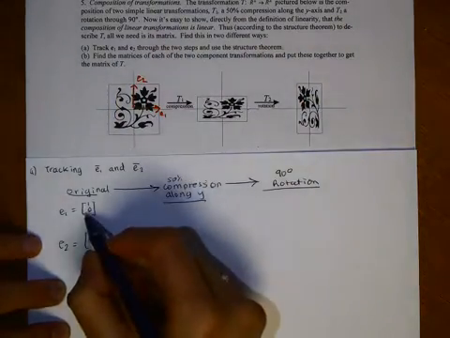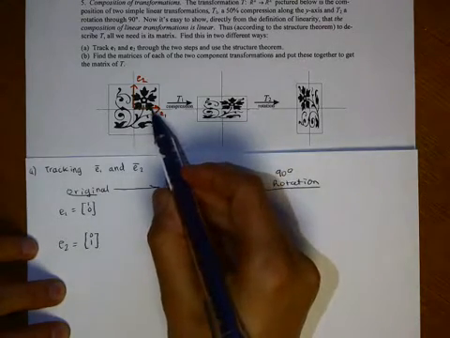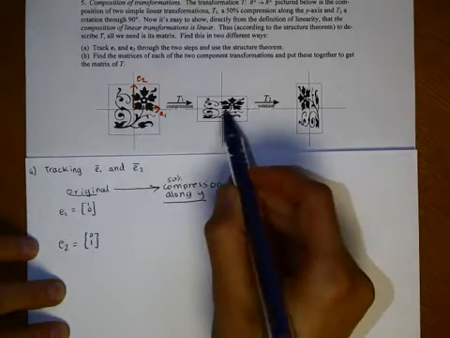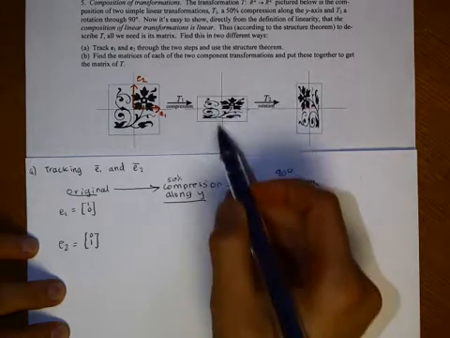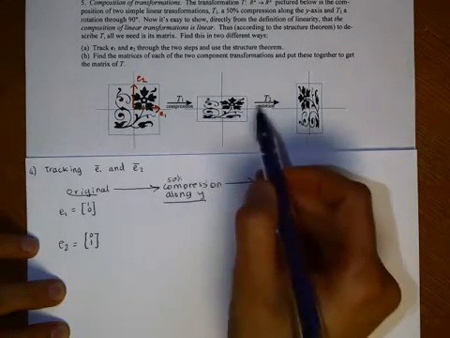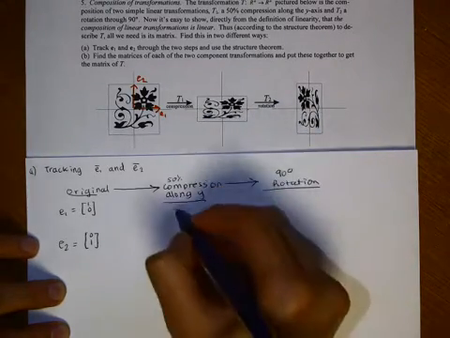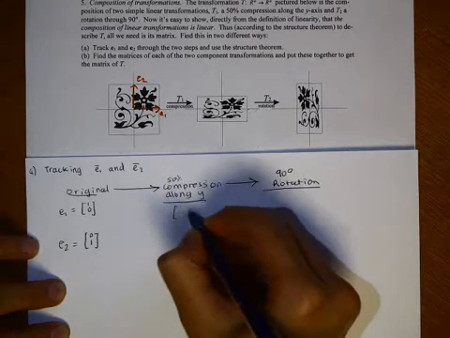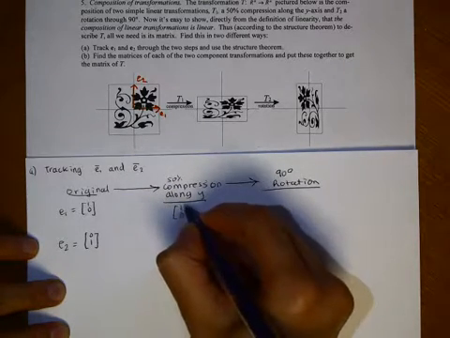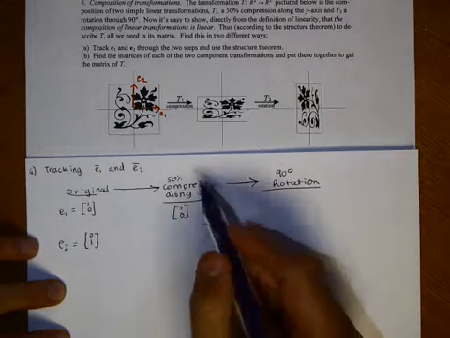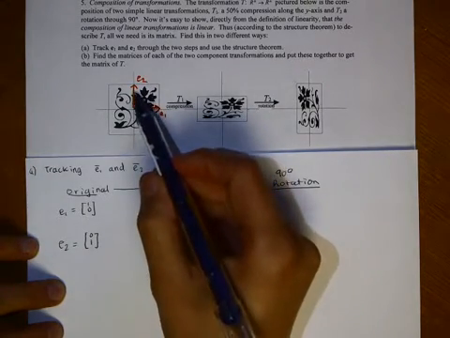Now what happens to our E1 vector? So let's see. So we take this step here, it actually stays the same because we're just compressing along the y-axis. Nothing is happening along the x-axis. So that stays the same. Now what happens to our E2 vector?